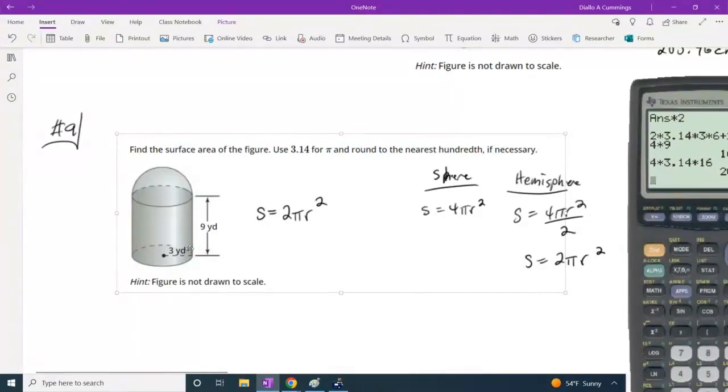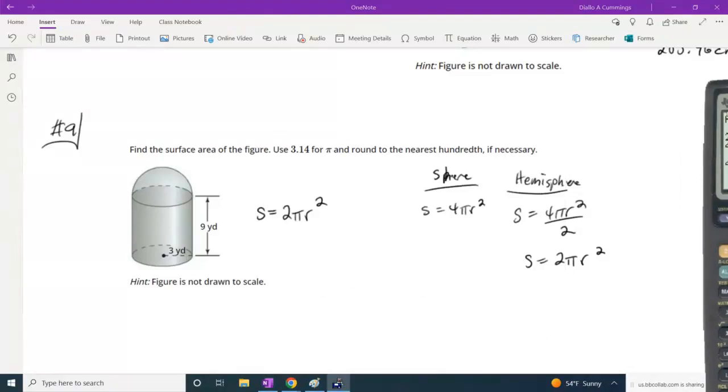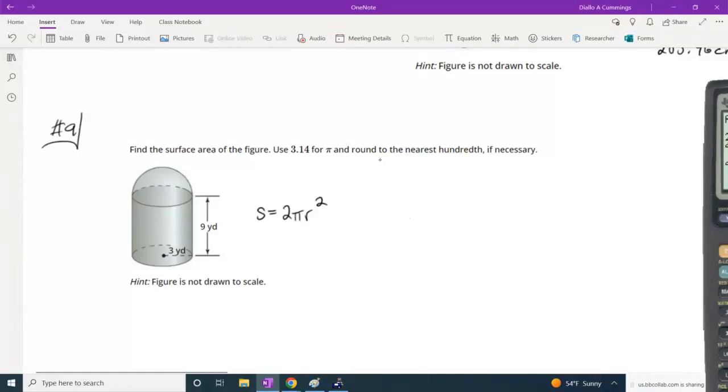Now I want to find the surface area for the cylinder, but I only want the surface area for the bottom and the sides, not the top. So this is going to be plus.